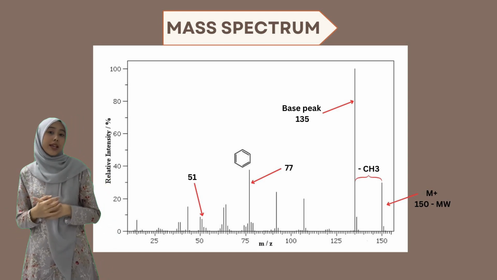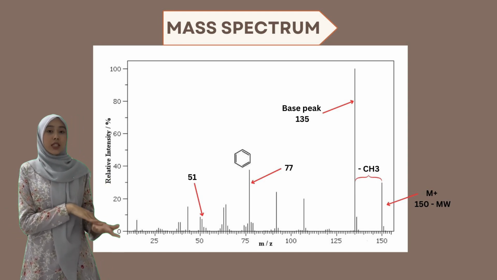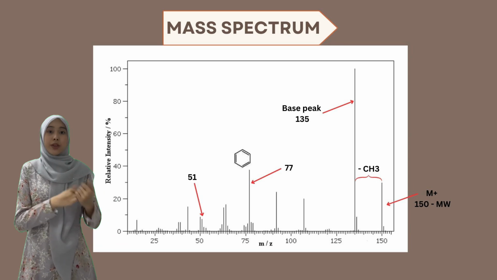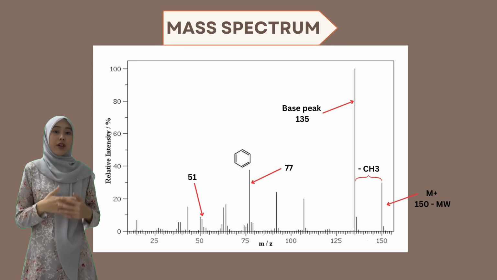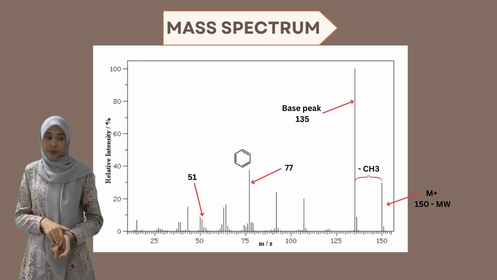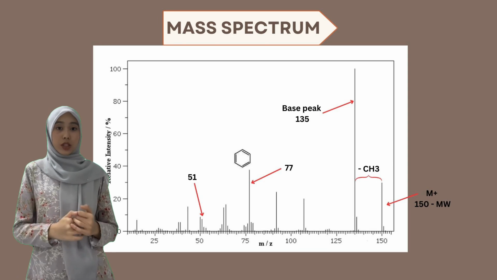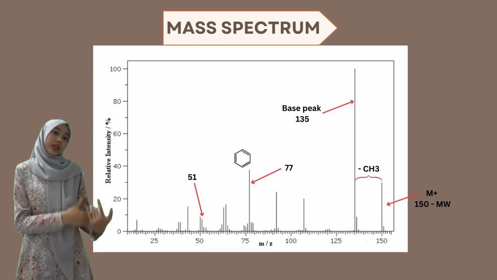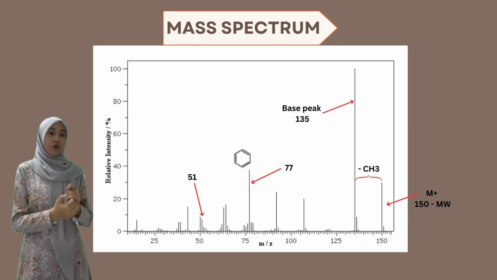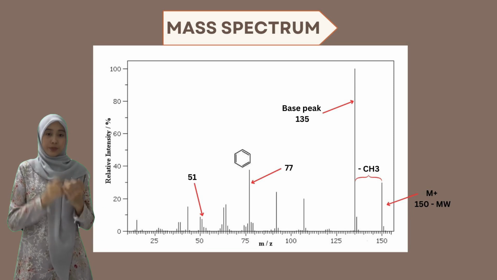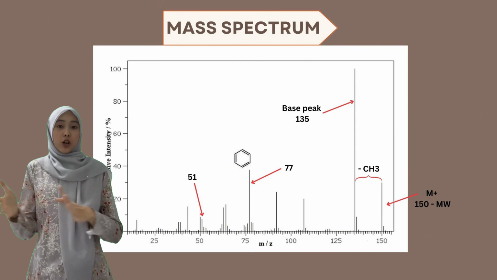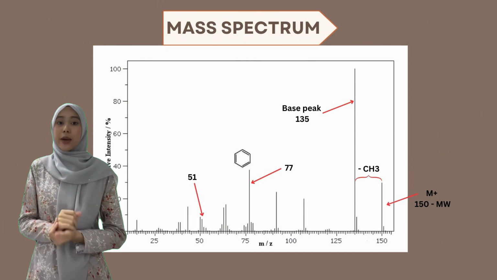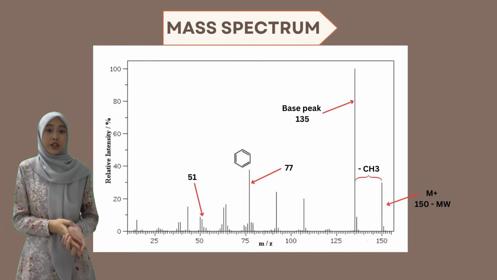Furthermore, a peak at 77 represents a benzene ring fragment, which is typical of aromatic compounds. Based on the molecular weight and the fragmentation pattern, we can hypothesize that the compound is 4-methoxyacetophenone. However, other compounds with similar structure and mass could also be considered.